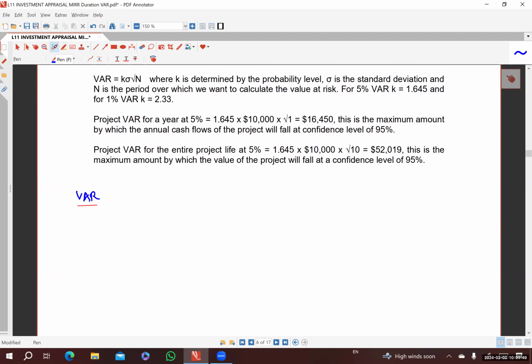VAR is a form of risk measurement. It's actually a form of sensitivity analysis.